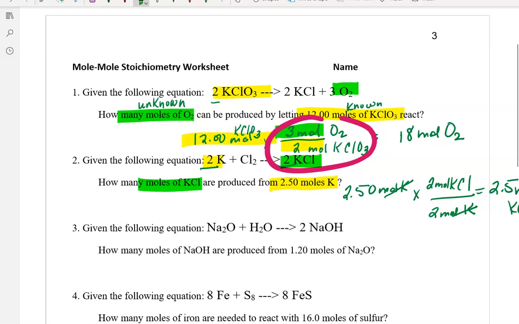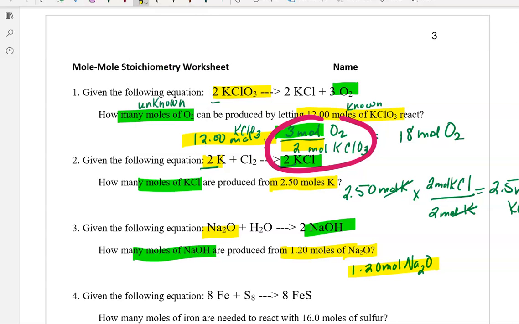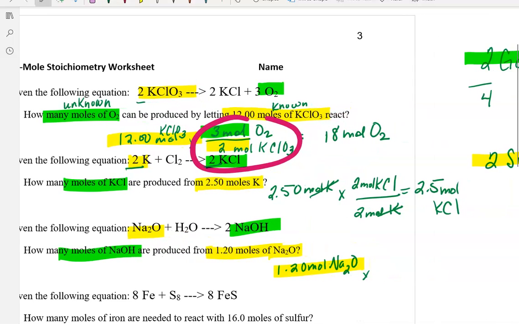The next one, let's identify what we know. We know that we are going to react 1.2 moles of sodium oxide. And we want to figure out how many moles of sodium hydroxide that is going to produce. Our known amount was 1.20 moles of sodium oxide, and we're solving for NaOH.